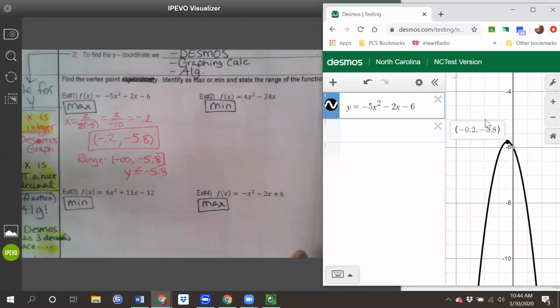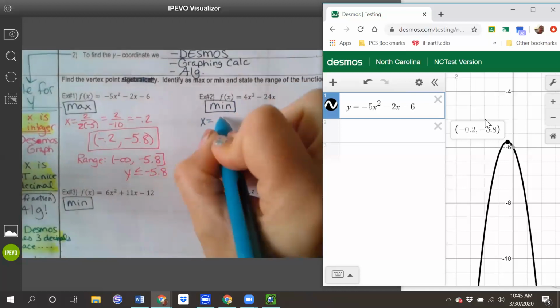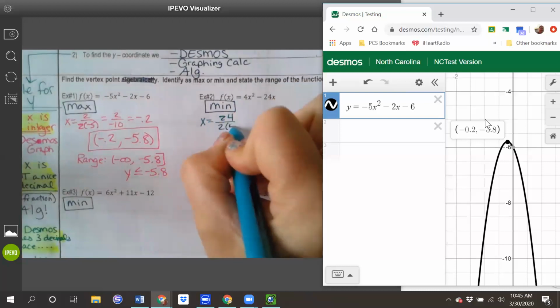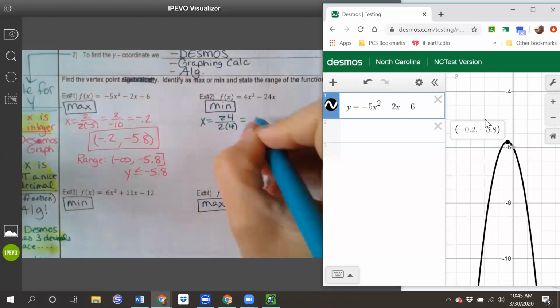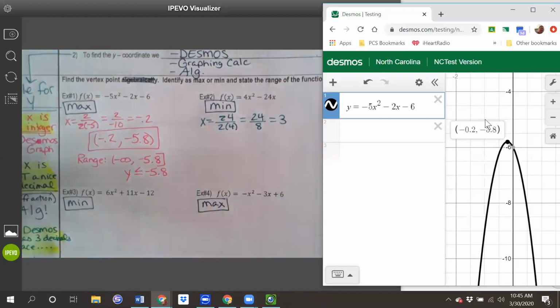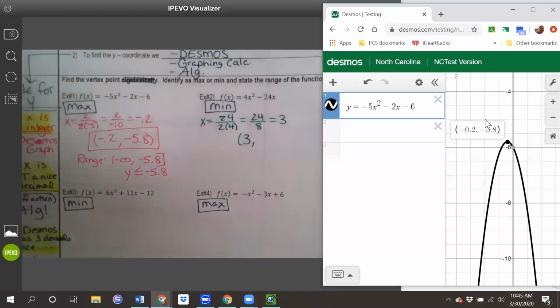Let's do number 2. Number 2, gonna find the vertex. So opposite of b, so positive 24 over 2 times a. So that's going to be 24 divided by 8, which is a very nice 3. So that means that I'm going to go straight to Desmos.